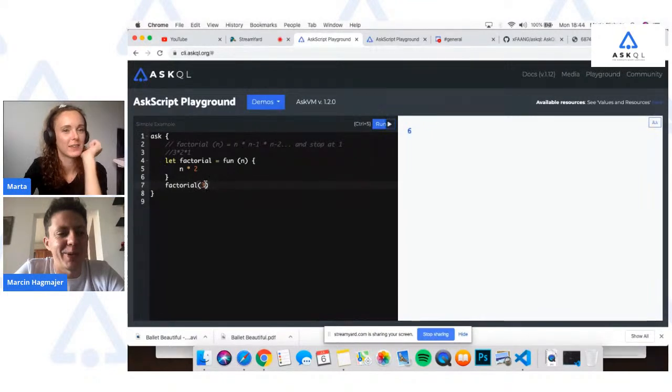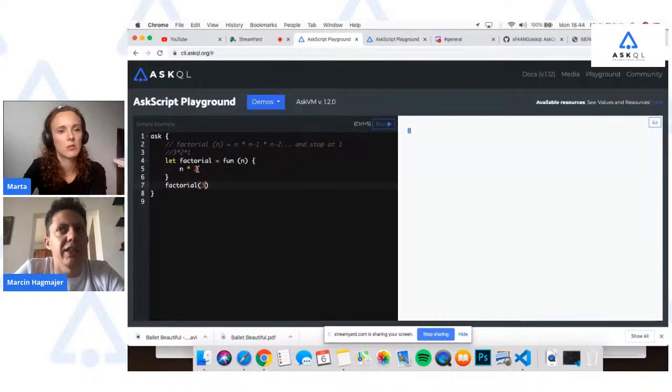What's that supposed to be? I'm guessing 8. What is it really supposed to be? What's factorial of 3? It's supposed to take 3, multiply by 2 and by 1.